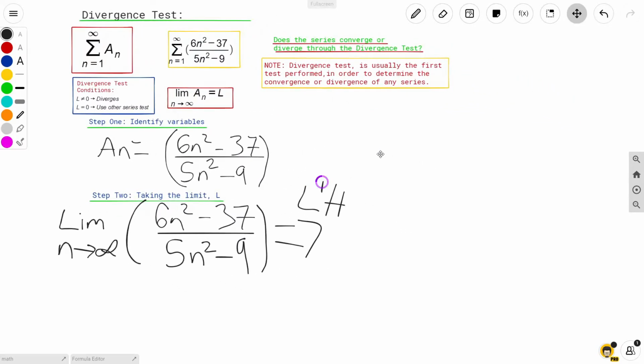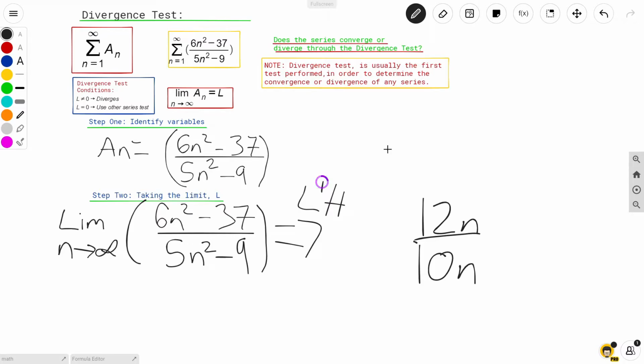In doing so, we take the derivative of the numerator and the denominator, the top function and the bottom function. The derivative of the numerator is 12n, divided by the derivative of the bottom function, which is 10n.